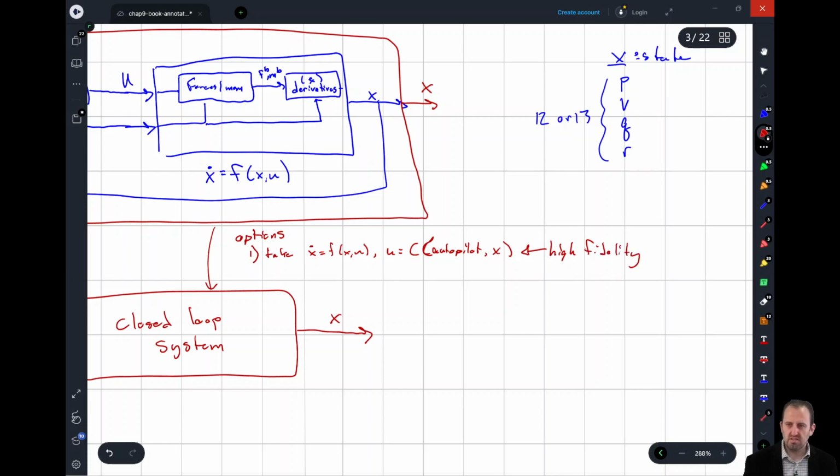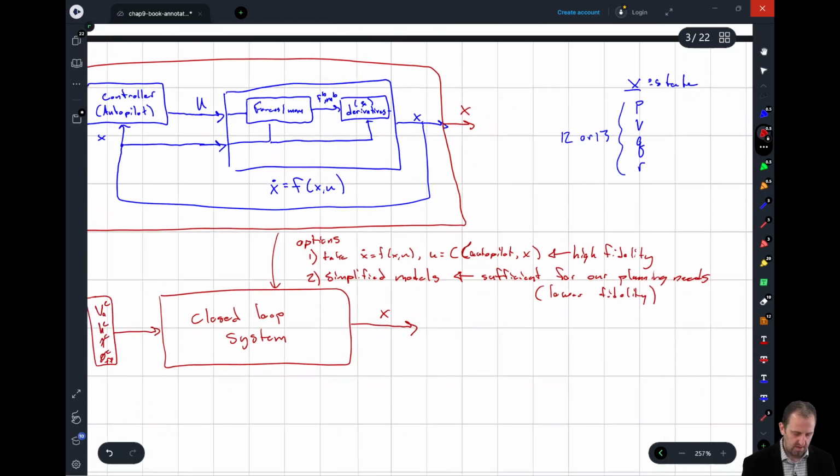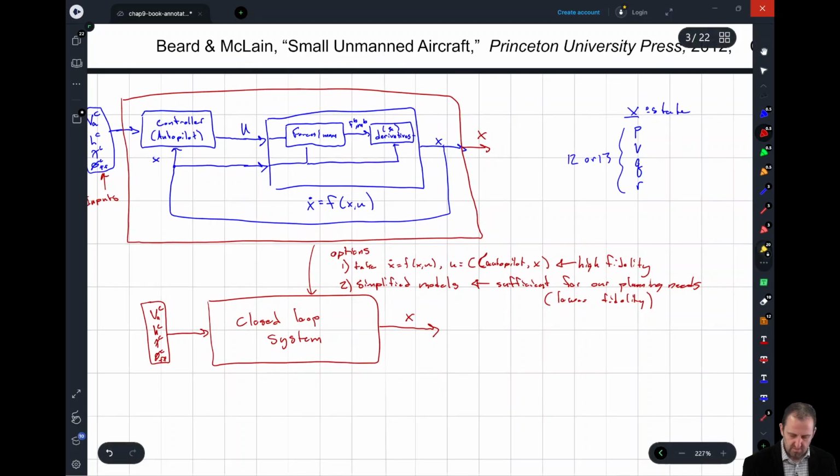Or option 2, and this is what we're going to be doing in this chapter, we're going to develop simplified models. And we'll say these are going to be models that are sufficient for our planning needs. And they're definitely lower fidelity. So option 2 is what we're going to be developing going forward in this chapter.